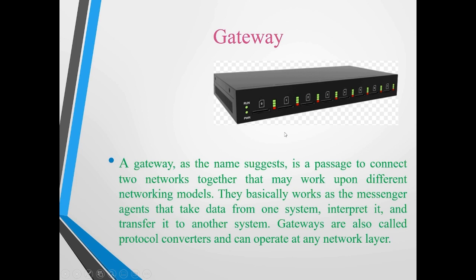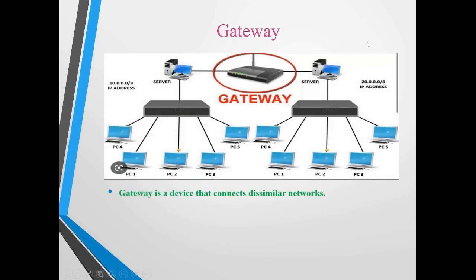So this can connect completely different network structures. You just note it down that with the help of these gateways we can connect completely different network structures with each other. Okay, so you could check another picture for it. This is one kind of gateway and multiple servers as well as multiple devices are connected with each other.